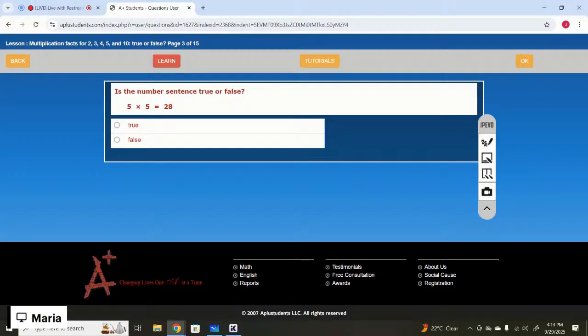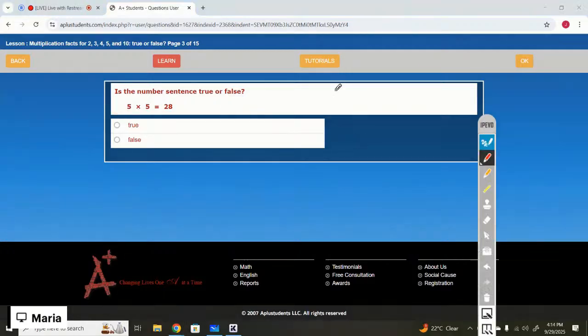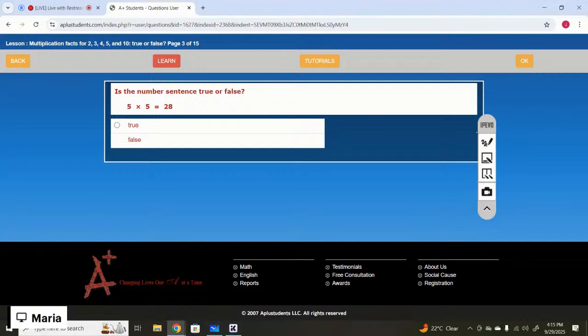Five times 5 is 25. 25 is not equal to 28. False it is. Option number 2 is the correct option.